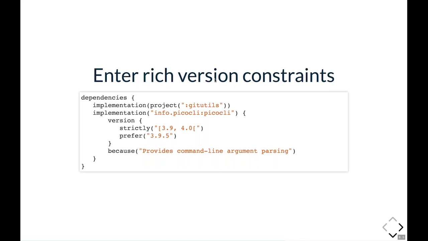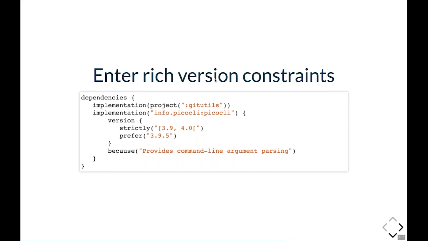I'm saying strictly 3.9, excluded 4.0. So I'm saying if you use this dependency, it must be between 3.9 and 4.0. But within that range, there's a version I like because I tried this one and it works for me. So I'm going to say, if nobody else cares, use 3.9.5 and it should be fine.